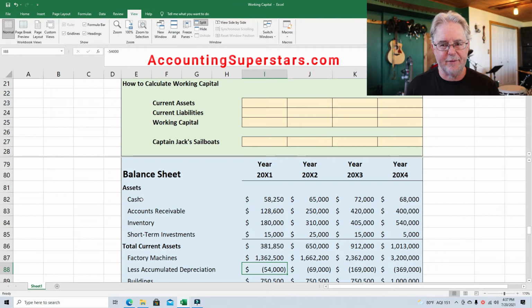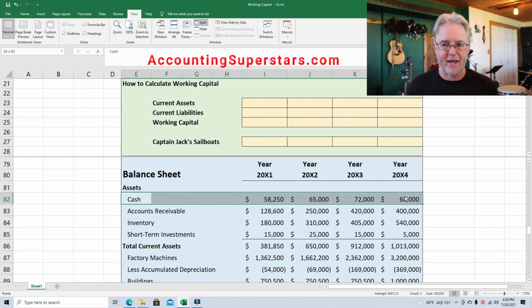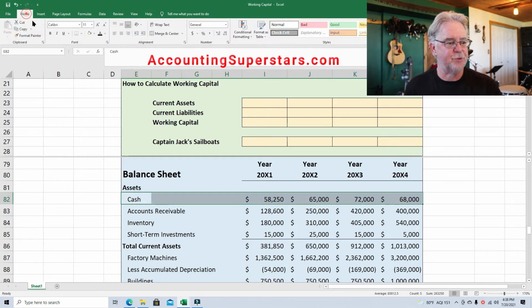If you're an accounting professor watching this, or a real geek, the definition for a current asset has a little bit more to it than just that. But for now, let's run with it. For now, our definition between you and me is a current asset is something that we will turn into cash within a year. So it's going to be cash or things that turn into cash within a year.